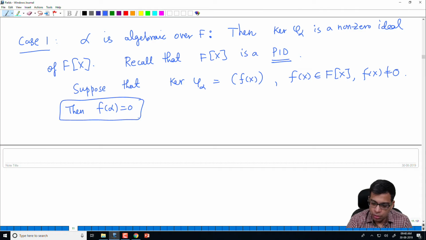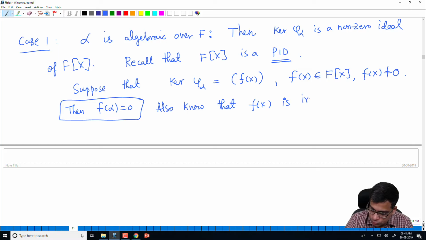Now we also know that f must be irreducible. We know that it must be irreducible, right? Because this is a consequence of how we proved that F[x] is a PID. We take all polynomials in that ideal, look at the one with the least degree, and we show that everything else is divisible by this.